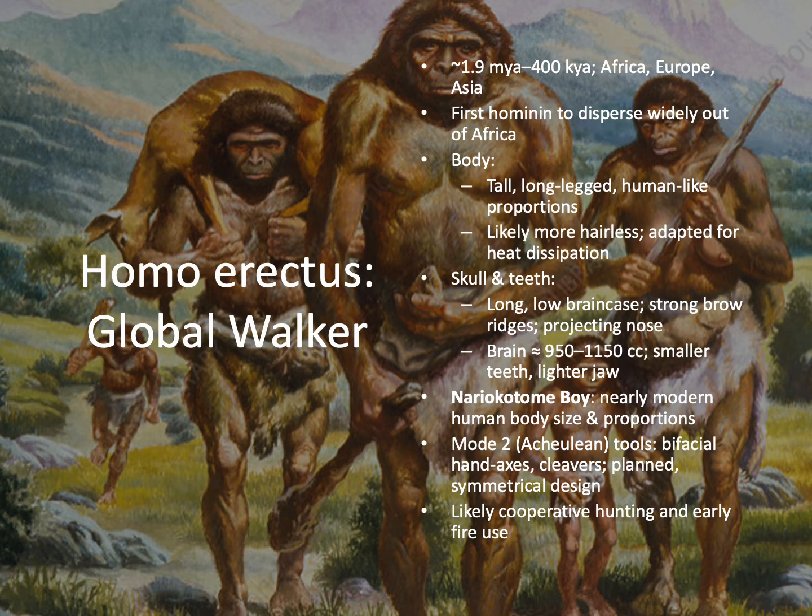Behaviorally, Homo erectus is associated with the Mode 2 stone tools, known as the Acheulean tools. Acheulean tools include bifacial hand axes, as well as cleavers, which are shaped and flaked on both sides to produce symmetrical, teardrop-like forms. Learning to make a good Acheulean hand axe requires planning, fine motor control, and social learning.